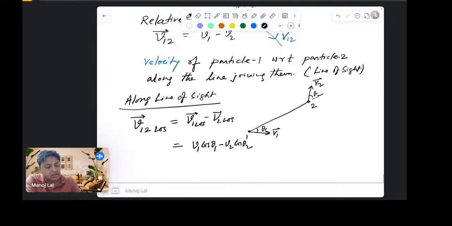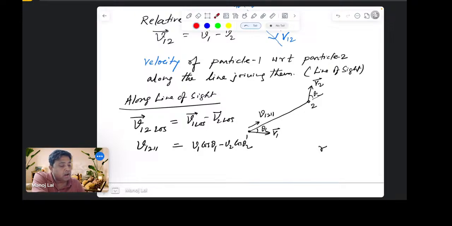Or I can say also V12 parallel. Why I named it parallel? Parallel to R12, the position of 1 with respect to 2.